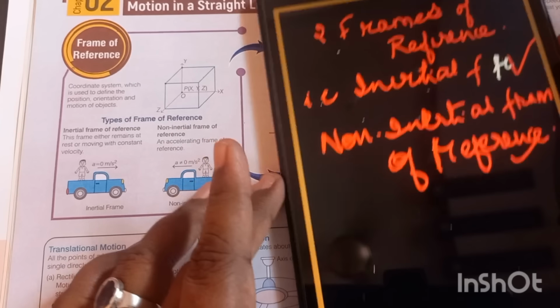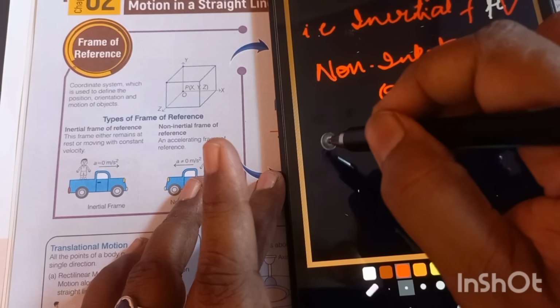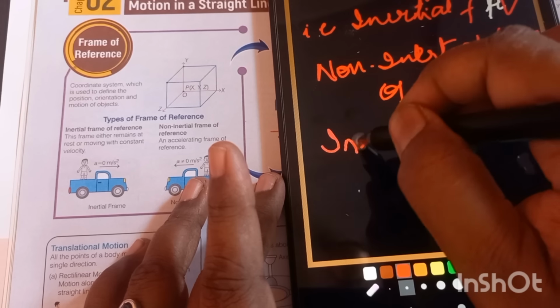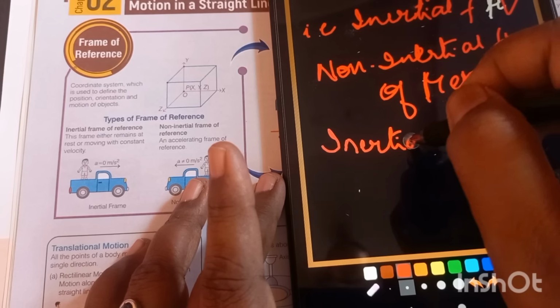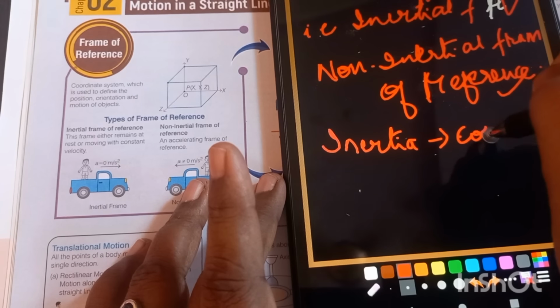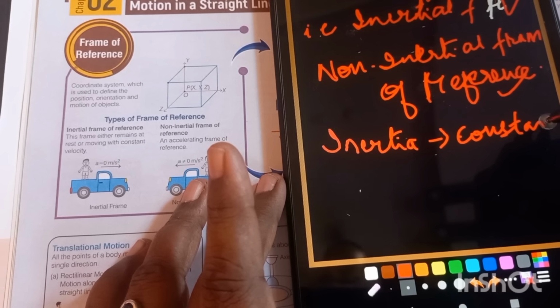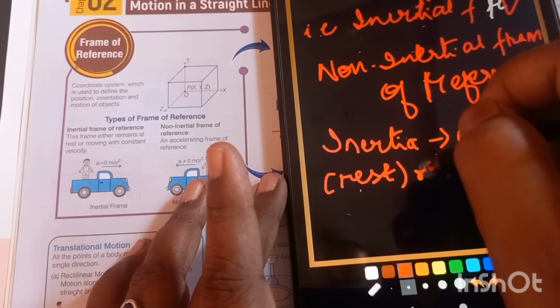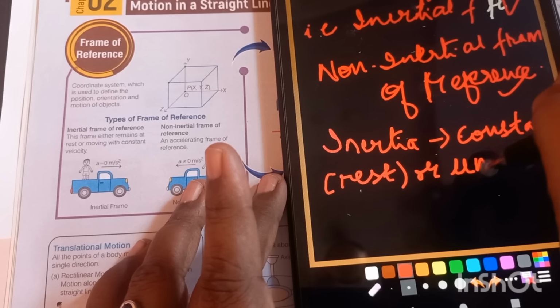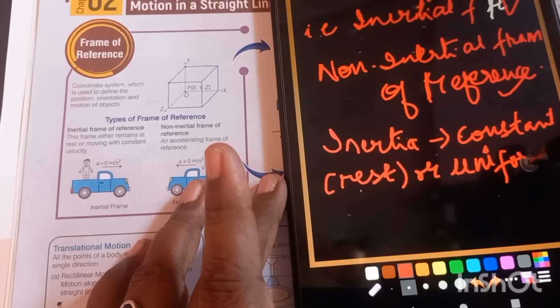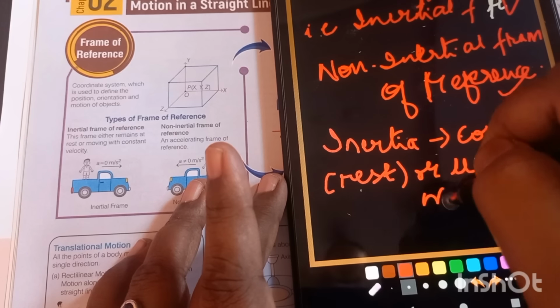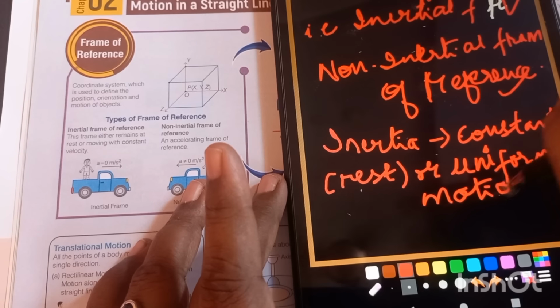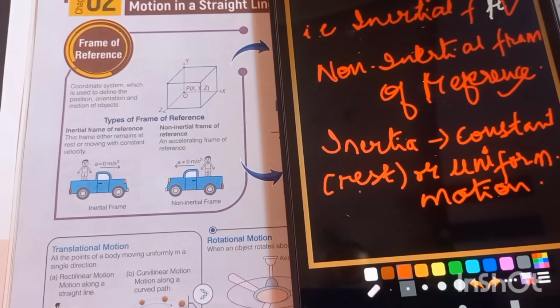So inertial frame of reference is, I think you all know what is inertia. Inertia is nothing but which is constant or which is at rest or uniform motion. Okay, so the platform or the frame which is at rest or uniform motion.